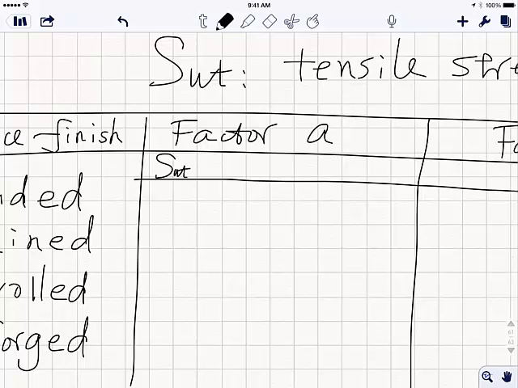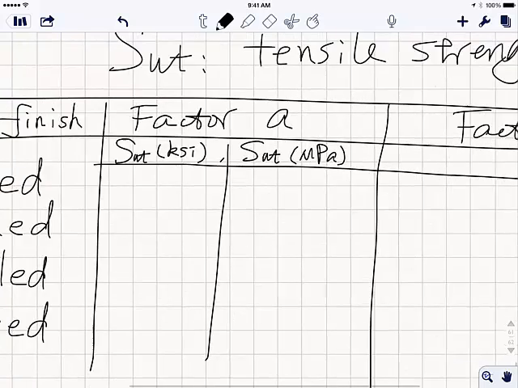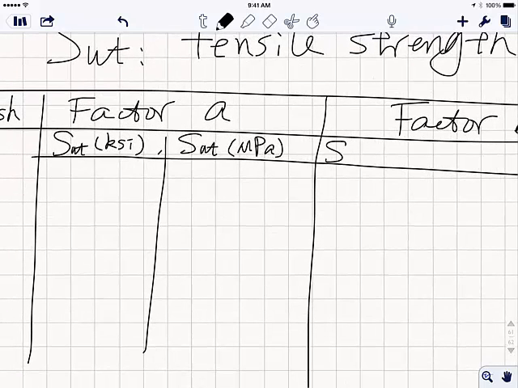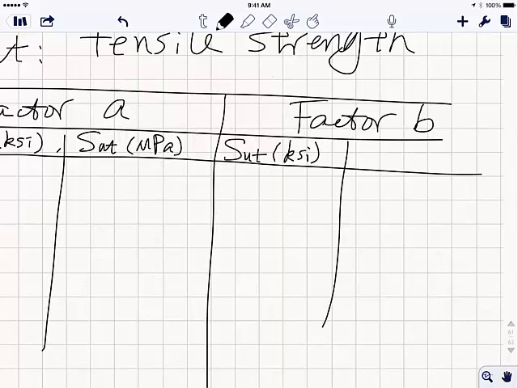Same thing here: if your tensile strength is given in English units, or given in metric, the values are different. So these are the values.